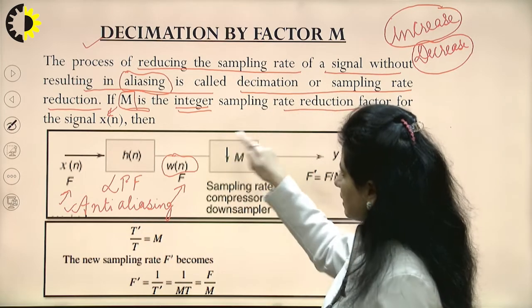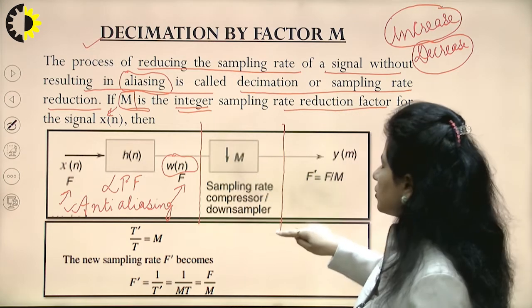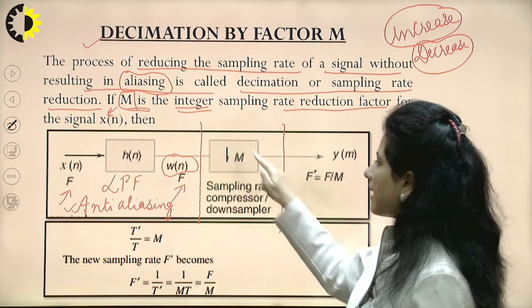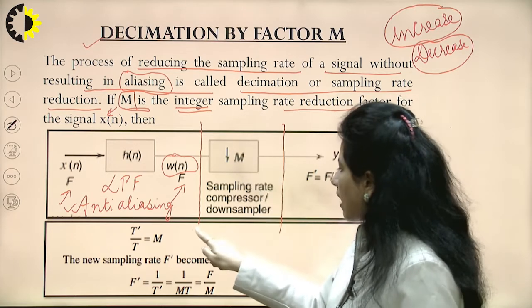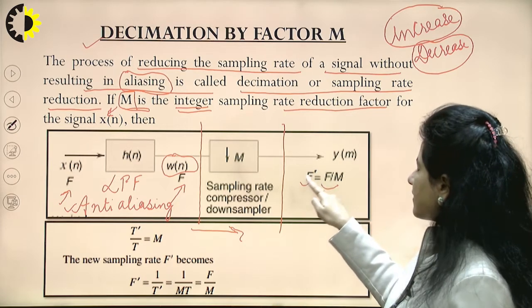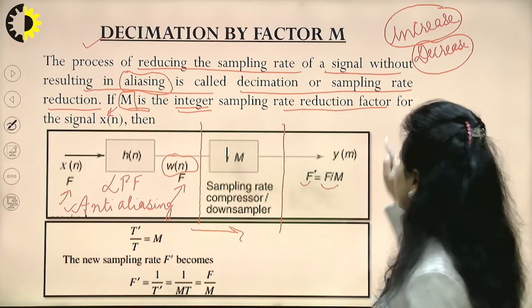Now this area is showing reducing of the sampling frequency by a factor of M. After this process, there is a change in the frequency: f dash is equal to 1 by M times of f.